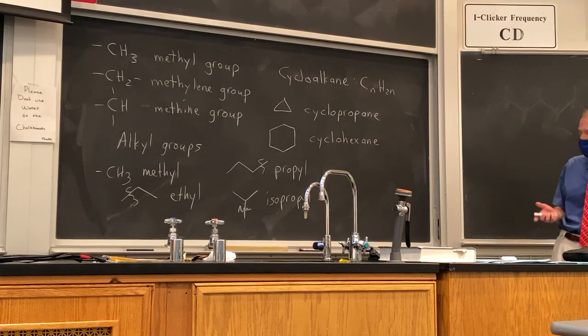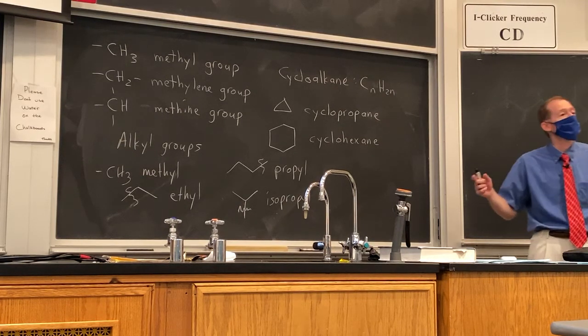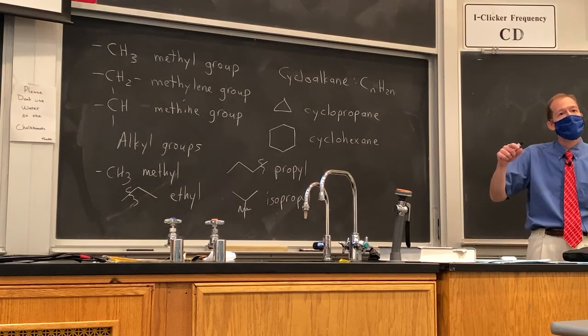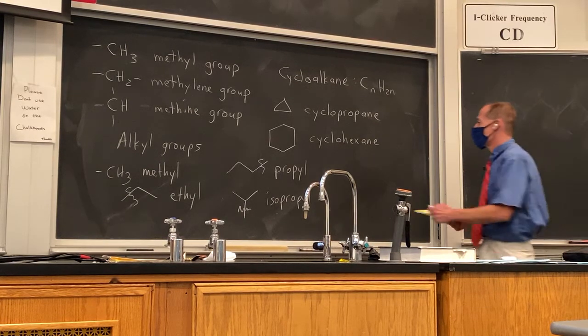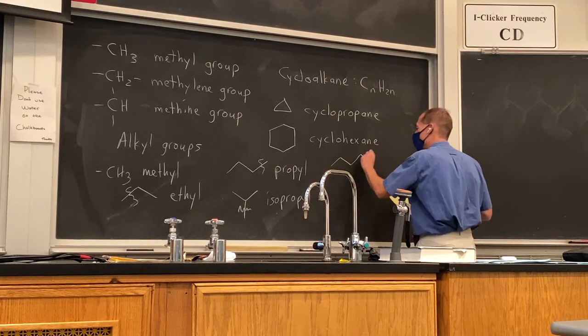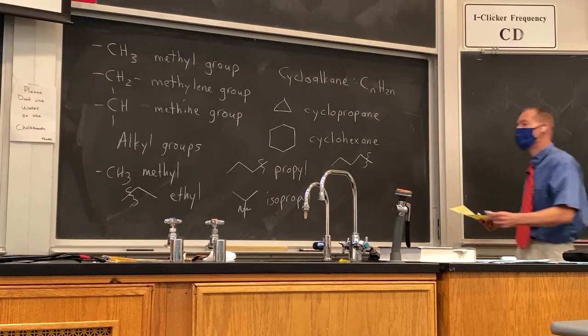Now it gets better when we get to 4 carbons, because we now have 2 isomers with 4 carbons, butane and isobutane. So we could make alkyl groups based on butane, and we could make alkyl groups based on isobutane. So let's start with butane. What do you think we call this one? That one's called butyl.